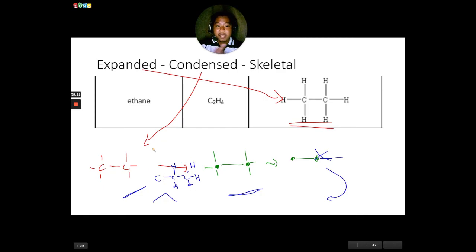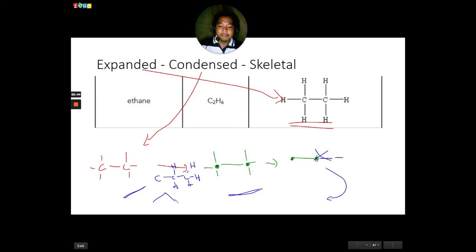But if I know already this concept that a carbon should hold 4, and if it's attached to another carbon, it can only accommodate 3. If it's attached to 2 carbons, it can accommodate 2. I know just by looking here that the carbon on the edge, though without a dot, has 3 hydrogens. Dito merong dalawa.